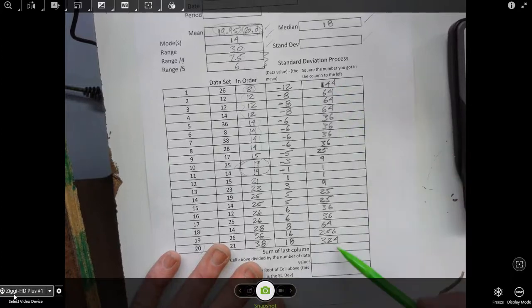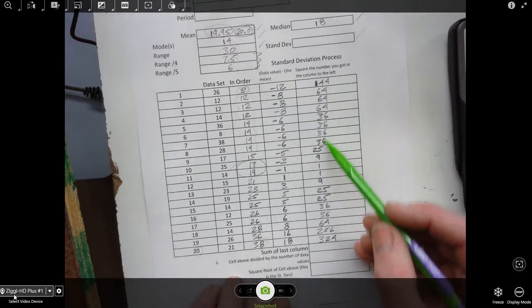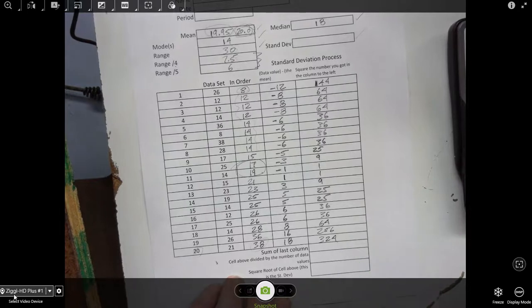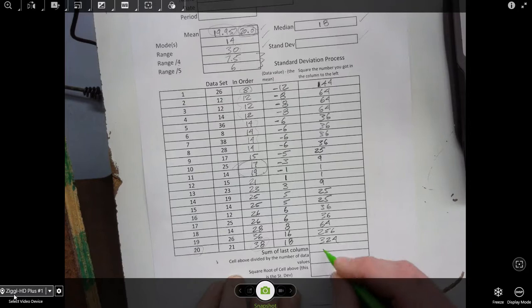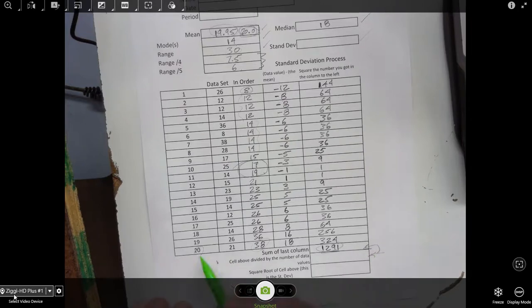Next step is to add up all of these numbers. And I would pause the video and then do yours. But when I do it, I get 1291. That's here. And then in this cell, I'm going to take the previous number and divide by 20, the number of numbers.